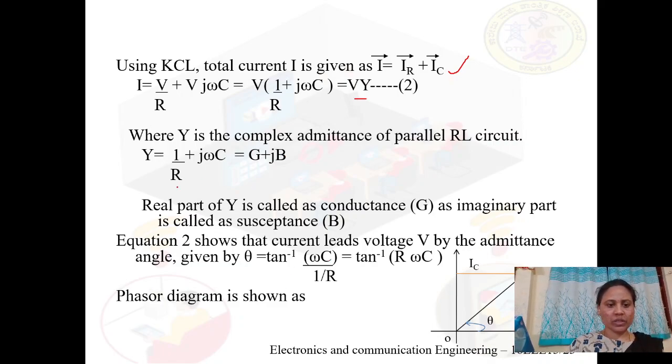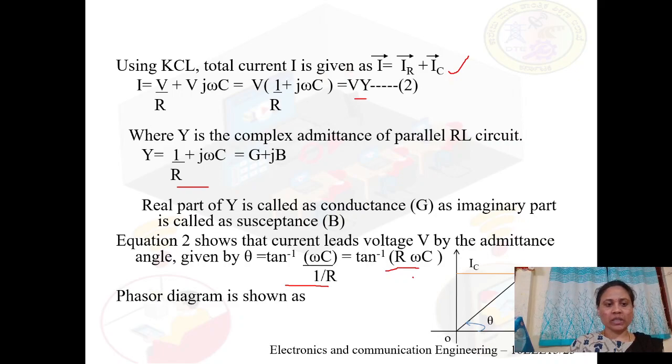And from this we can write the phase angle for Y as tan inverse of the imaginary part, that is omega C, divided by the real part, that is 1 by R. So we can write theta as tan inverse of omega C by 1 by R, which is tan inverse of R omega C. And from this we will come to know that the value of theta is positive.